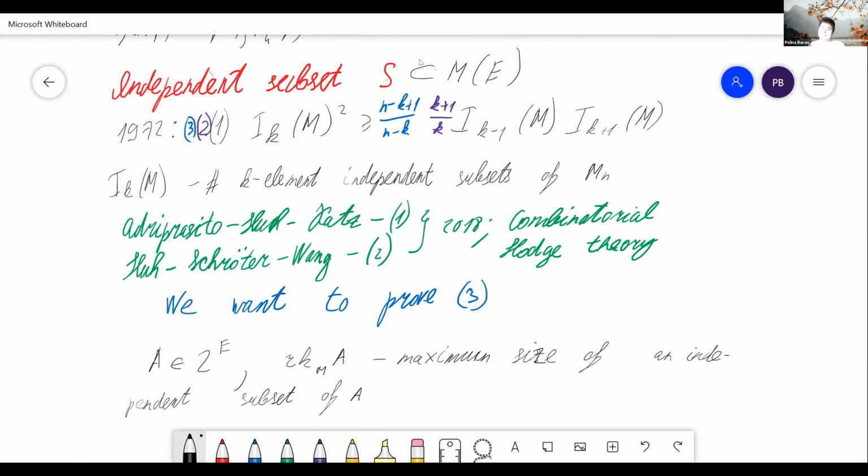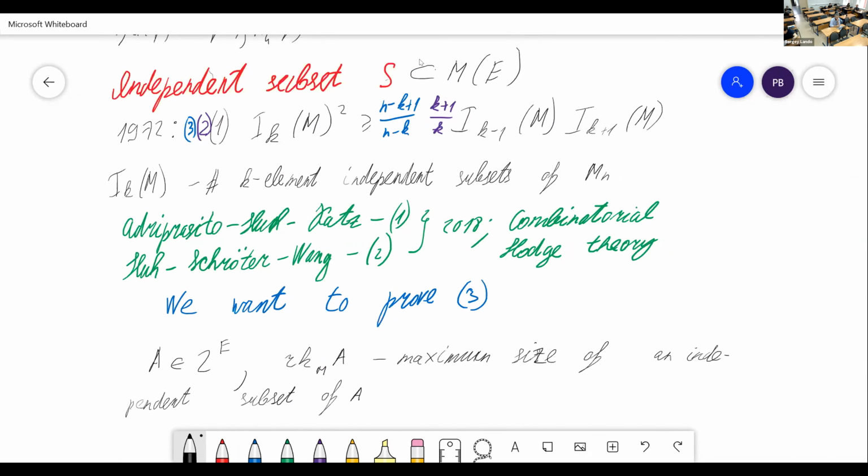So we have some set of subsets of E, and we consider a maximum subset of this set that is an independent subset in our matroid.